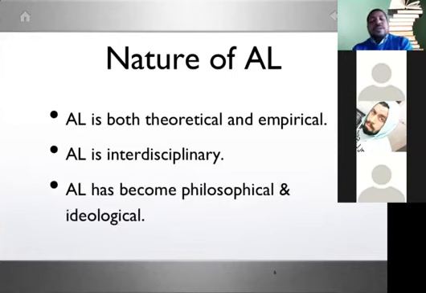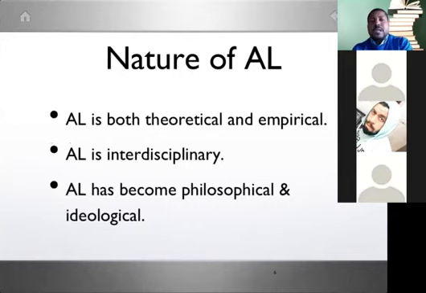The third characteristic of applied linguistics is that it has lately become philosophical and ideological. Now, as we'll see from its history, when it first appeared, it didn't have any philosophical or ideological underpinning.